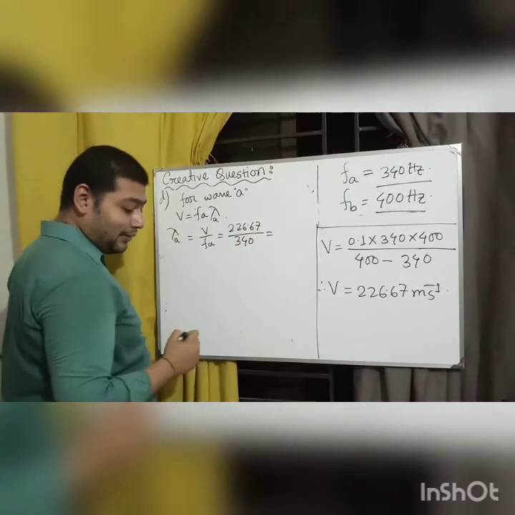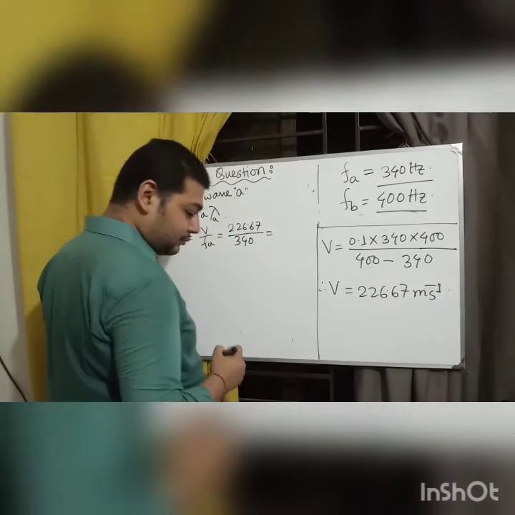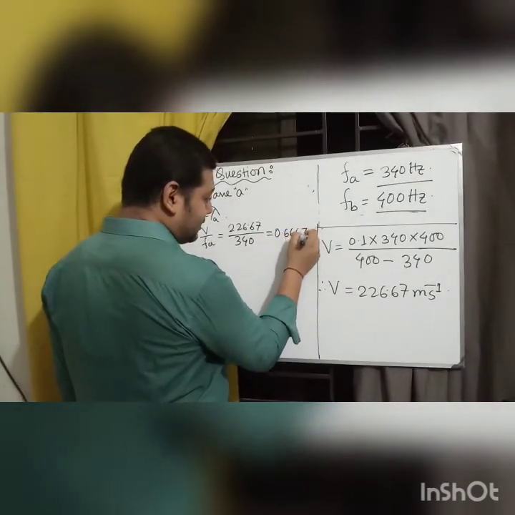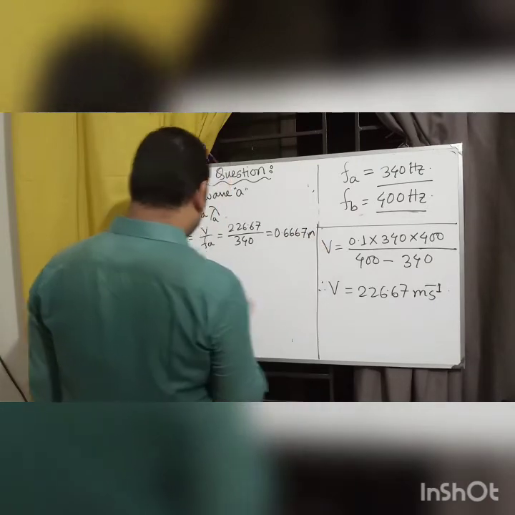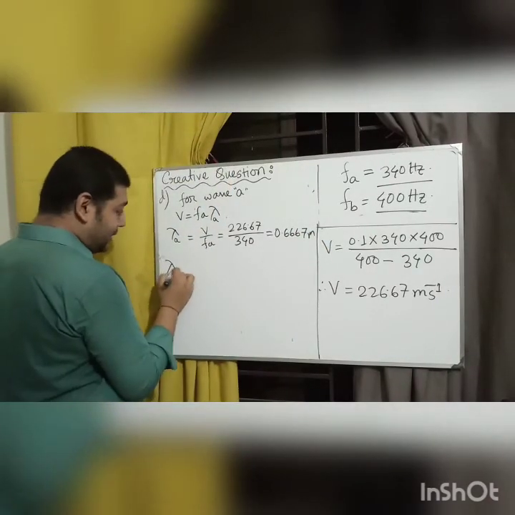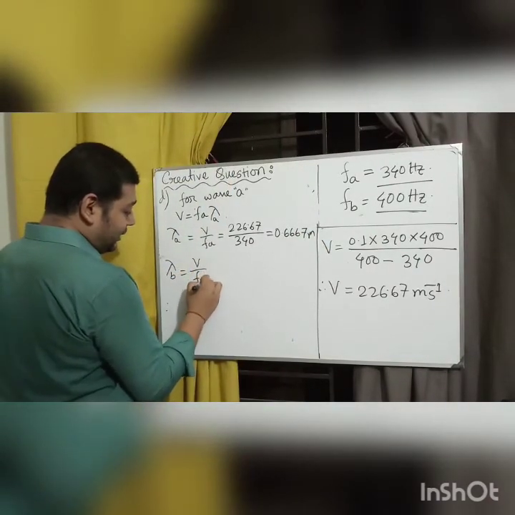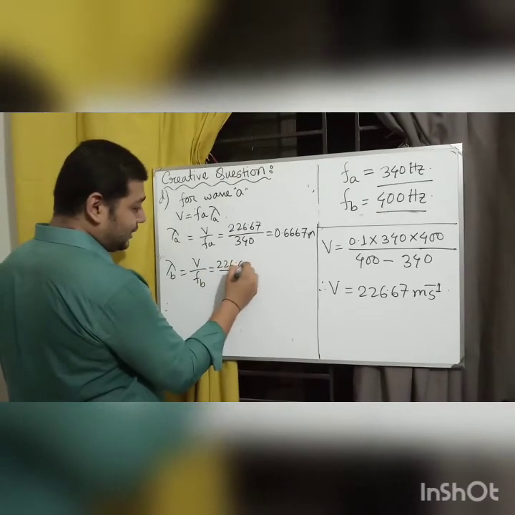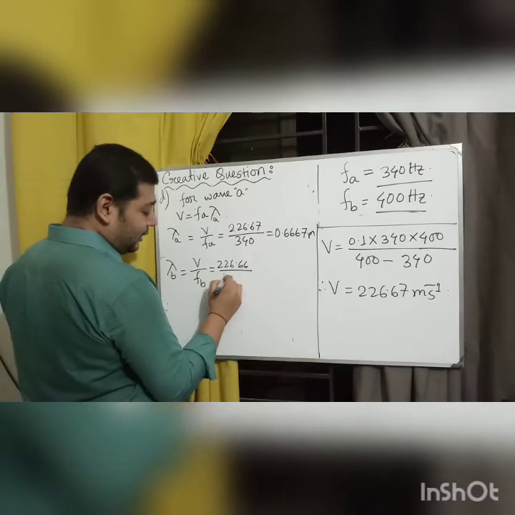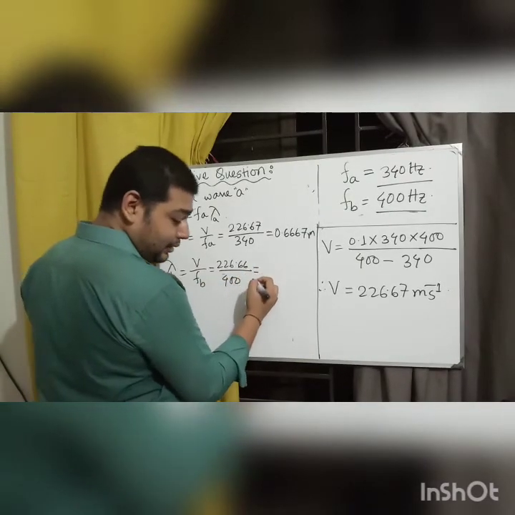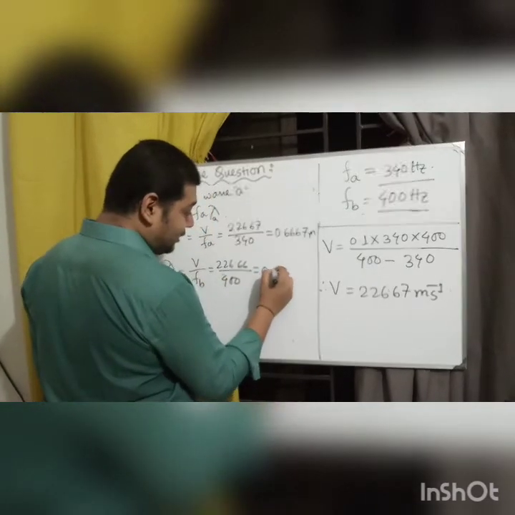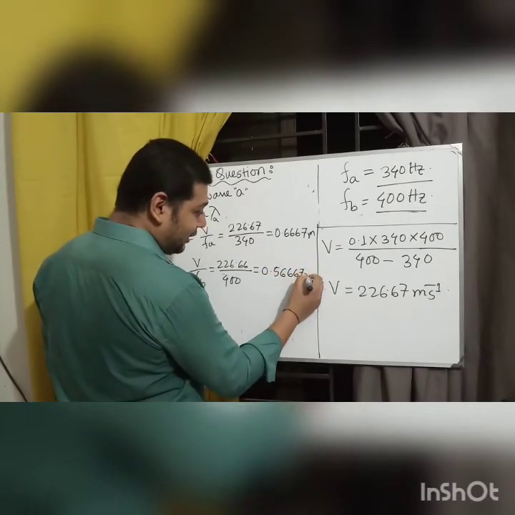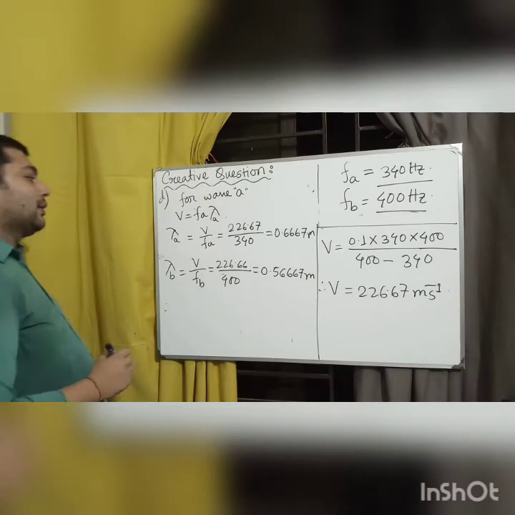So lambda A is 0.6667 meter. Okay, and lambda B is V divided by FB equal to 226.66 divided by 400, and the answer is 0.5667 meter.